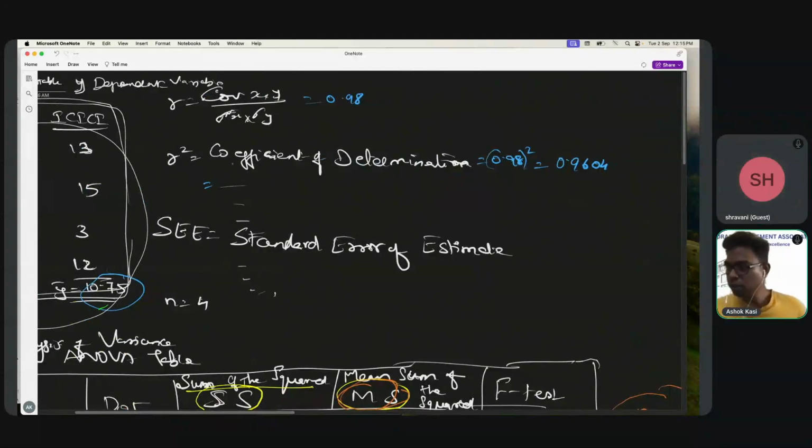Now R square. There are multiple formulas for this. The coefficient of determination is calculated as explained variation divided by total.